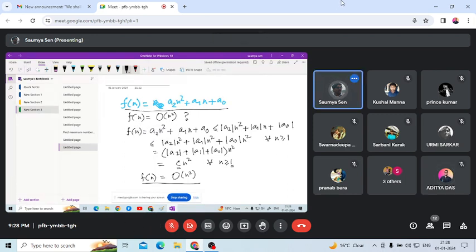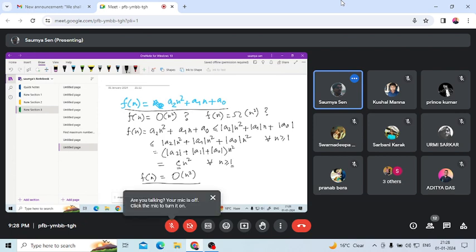Can we say f of n equals big omega of n square? Can we say it?